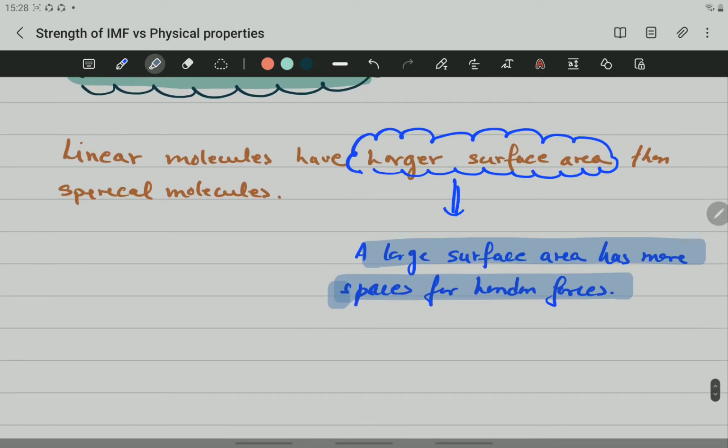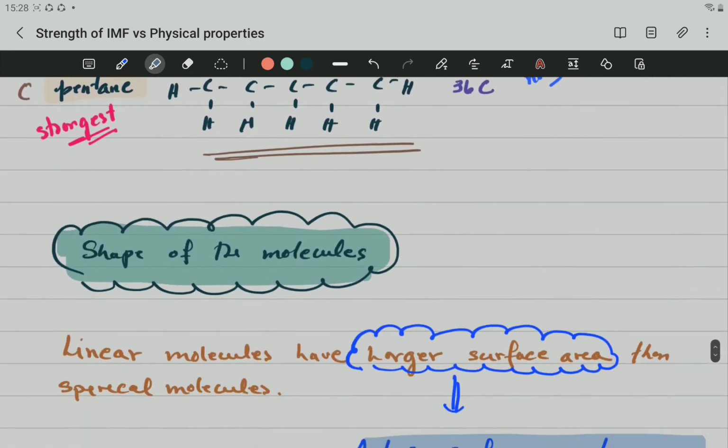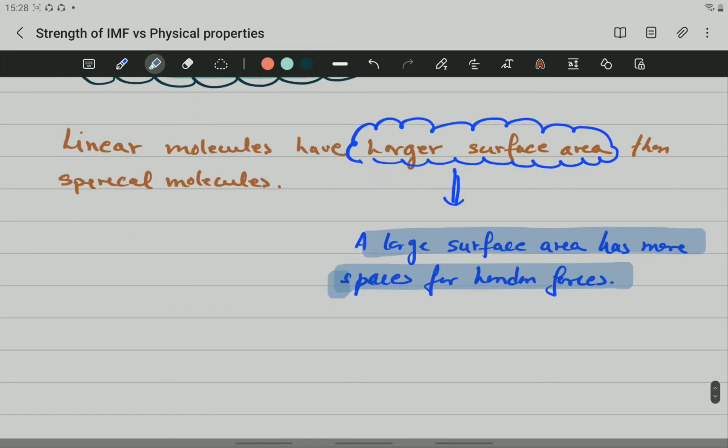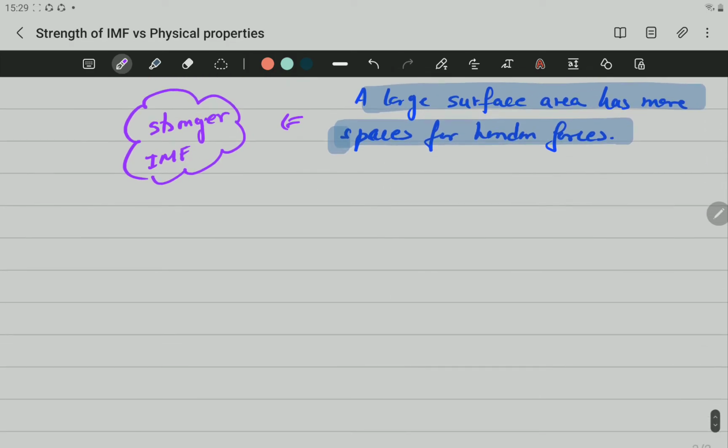That is important to know. And see here, more space for London forces will lead to stronger intermolecular forces. We will have stronger intermolecular forces. So let's see one example as we did before.